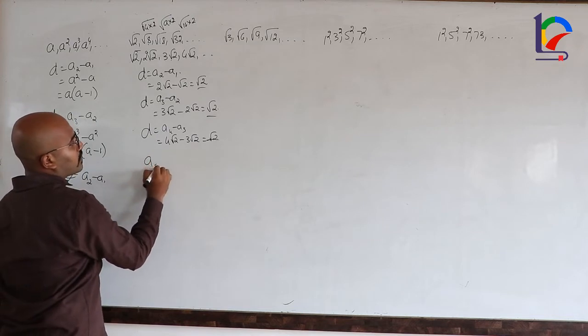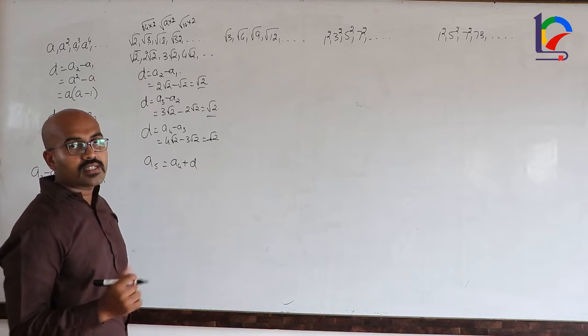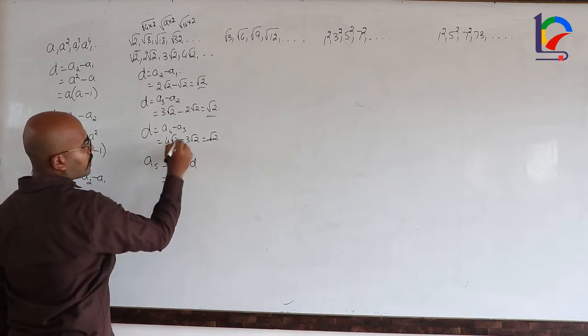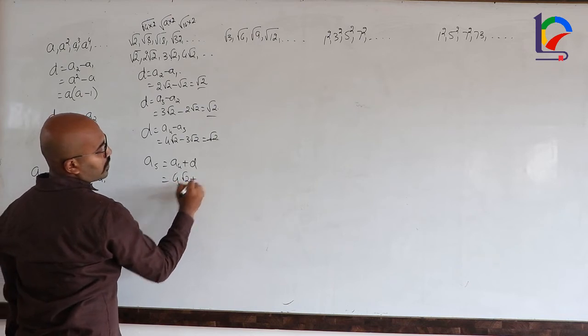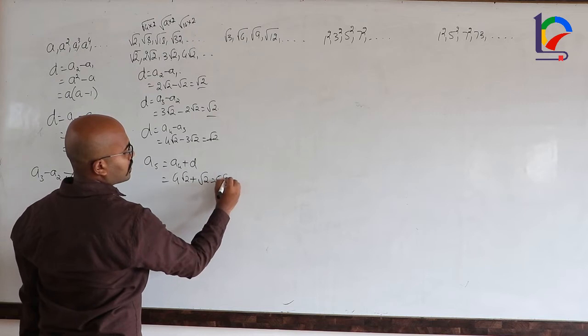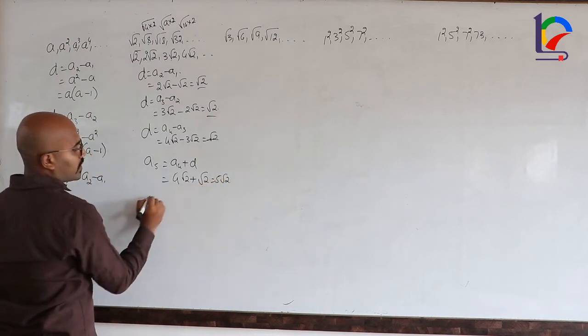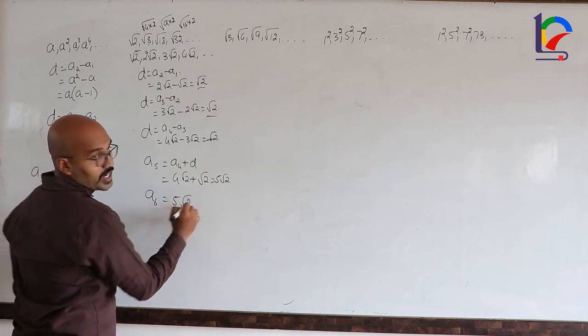Next, we need to find a5. It is a4 plus d. What is a4? 4 root 2. What is d? It is root 2. Hence, 5 root 2. Similarly, what is a6? 5 root 2 plus d.